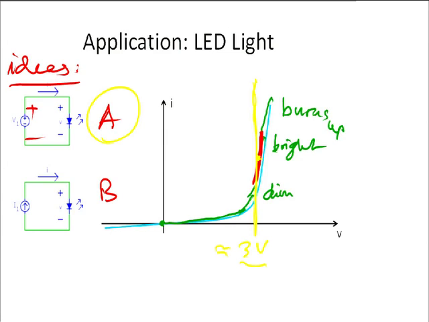It gets really dim, and then you charge up your battery, and this thing moves over here, and what happens to the LED? If you're lucky, it gets really bright, and if you're not so lucky, you need to buy a new laptop. Okay?